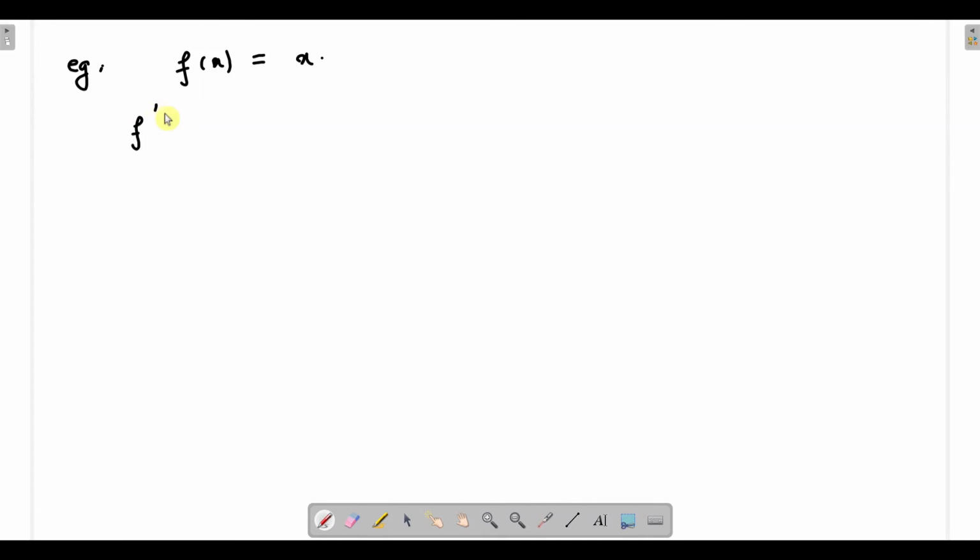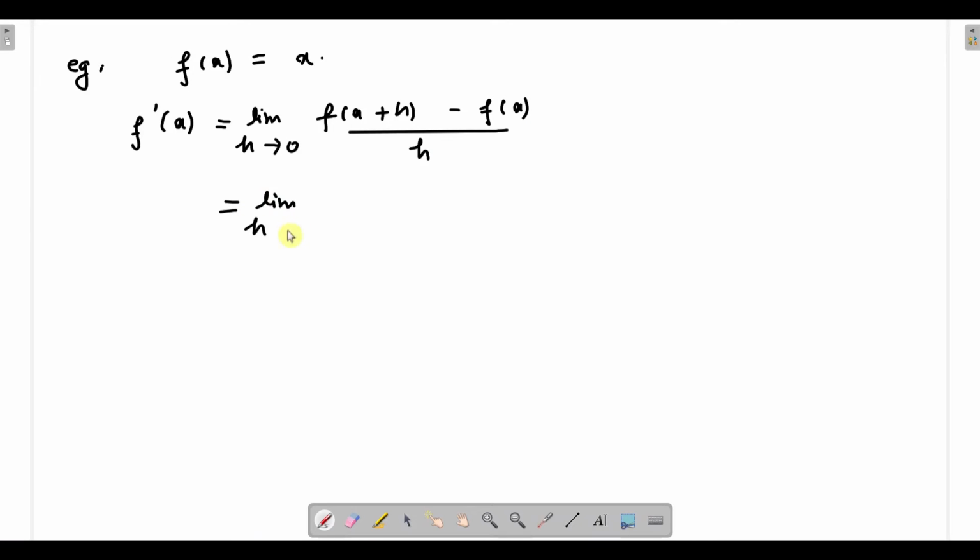So f prime of x, the derivative, will be equal to the limit h tends to 0 of f of x plus h minus f of x divided by h. This will be equal to the limit h tends to 0, and f of x plus h will be what? The definition of the function is f of x equal to x, so f of x plus h will be nothing but x plus h.